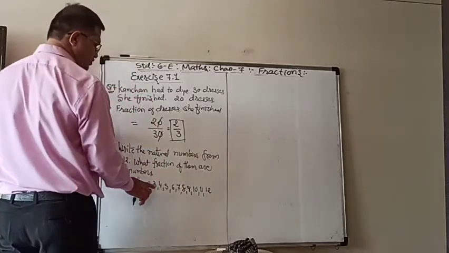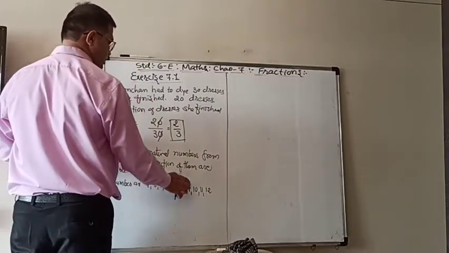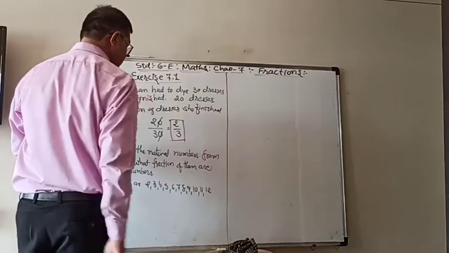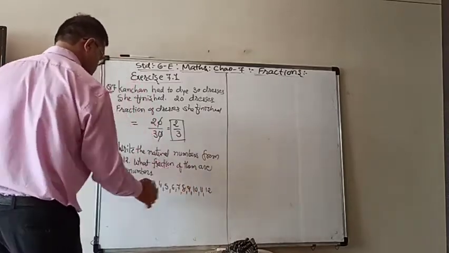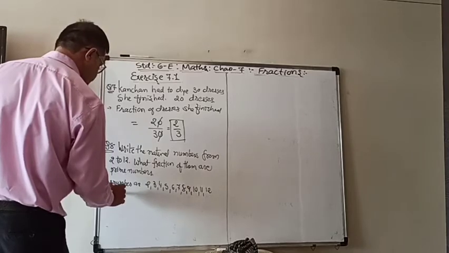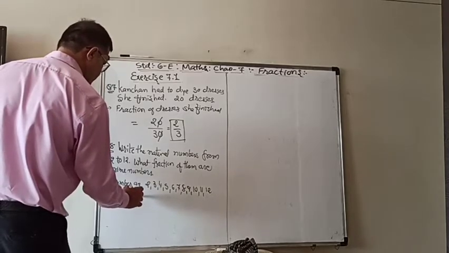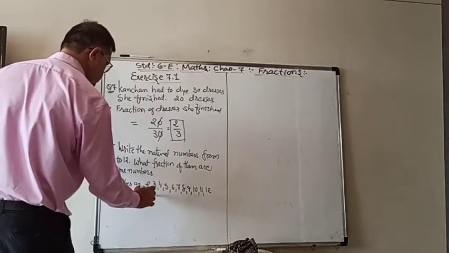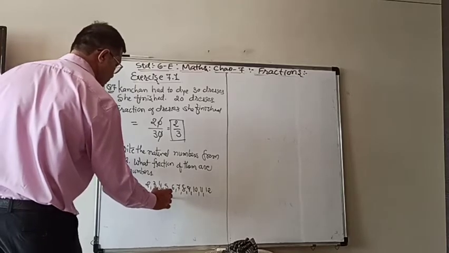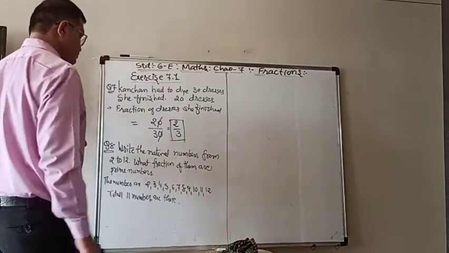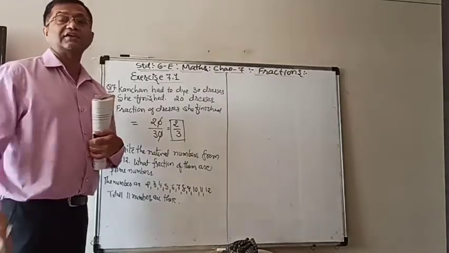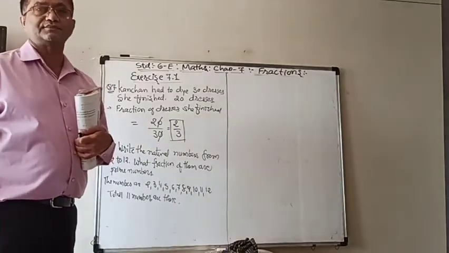So there are how many? 1, 2, 3, 4, 5, 6, 7, 8, 9, 10 and 11. So total 11 numbers are there. Now we will underline the numbers which are prime numbers.